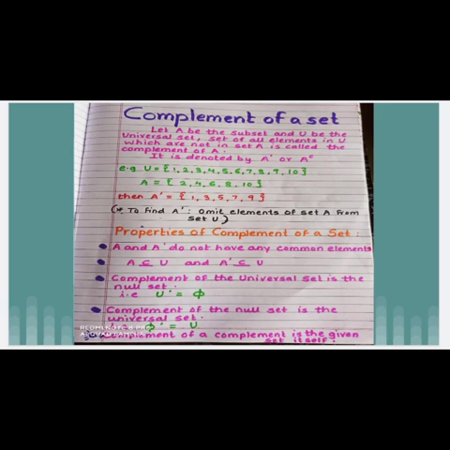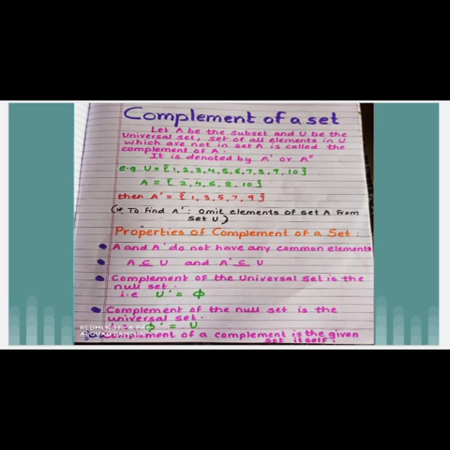Properties of complement of a set. First, A and complement of A do not have any common elements. Second, A is a subset of U and A complement is also a subset of U. Third, complement of the universal set is the null set.